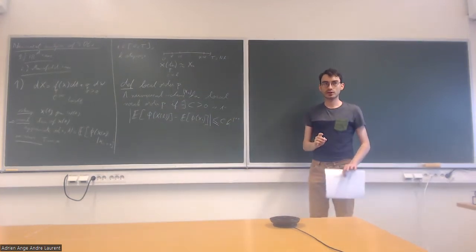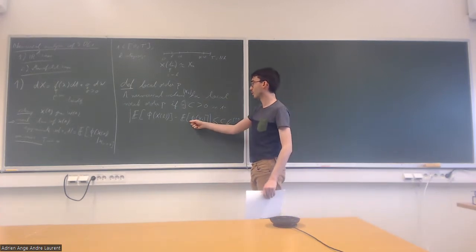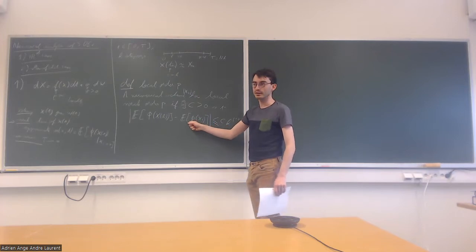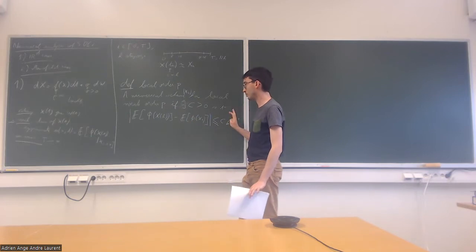This is exactly the same definition as for the deterministic ODEs, except that we have phi equal to the identity for ODEs. There's no need for expectation because it's not random, but the rest is the same.